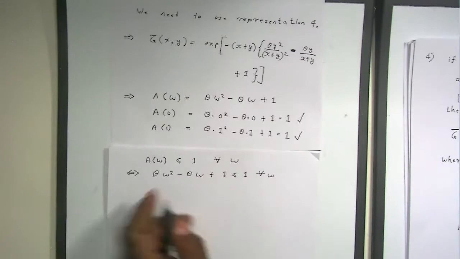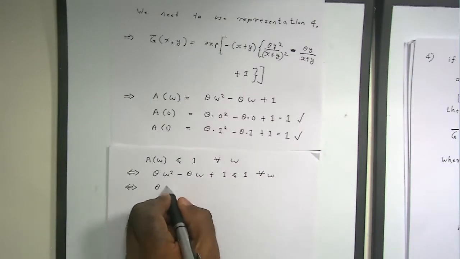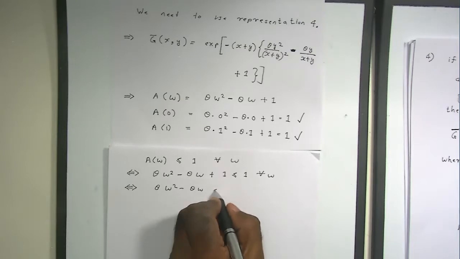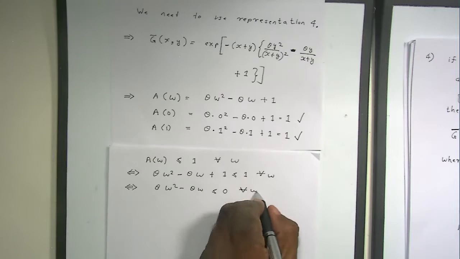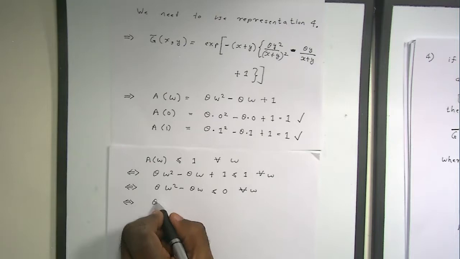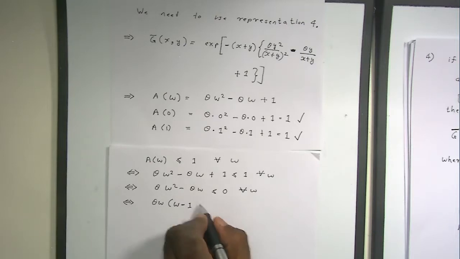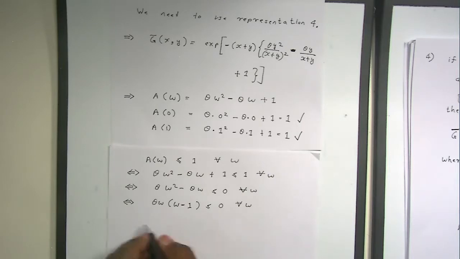Now the 1 and the 1 cancel, so this is the same as saying that theta omega squared minus theta omega is less than or equal to 0 for all omega. Now this is the same as saying that theta omega times omega minus 1 is less than or equal to 0 for all omega.